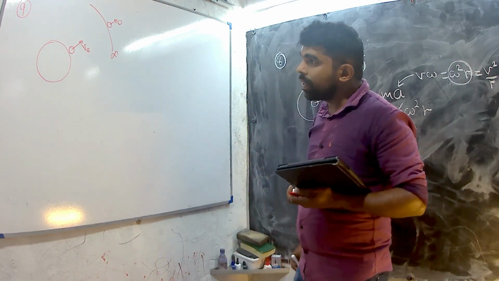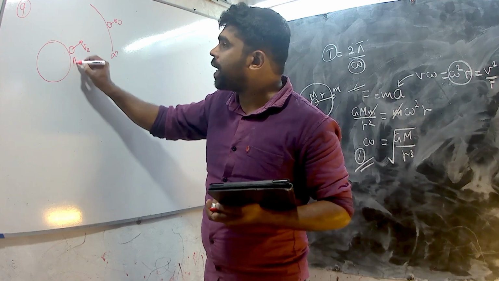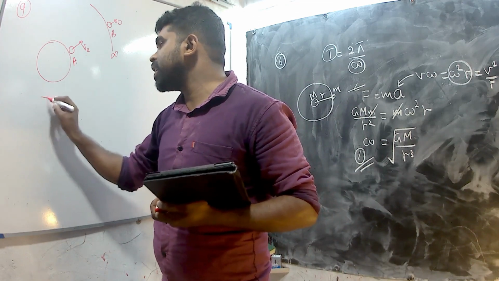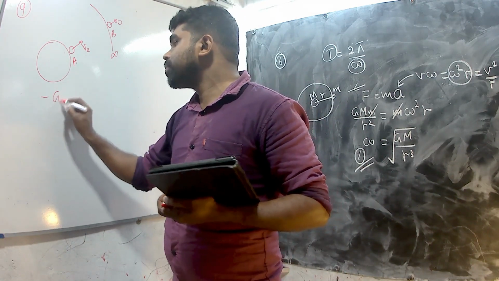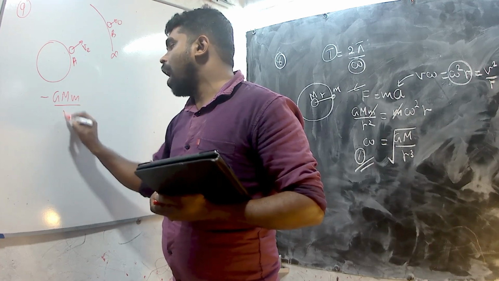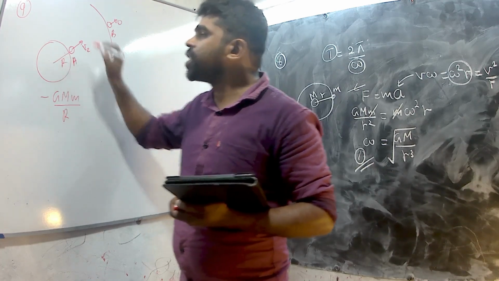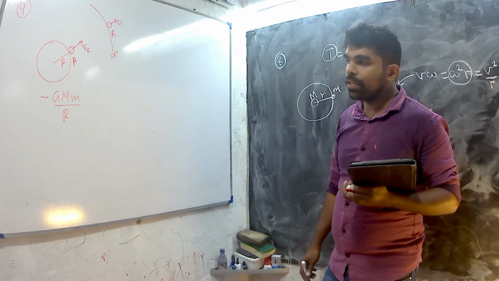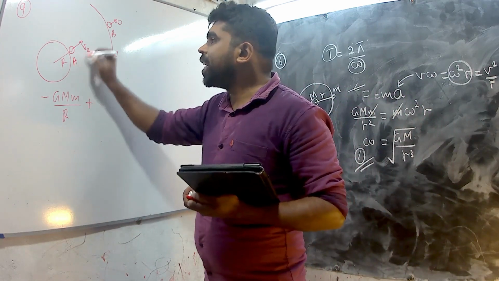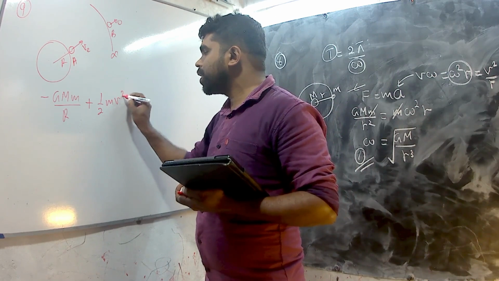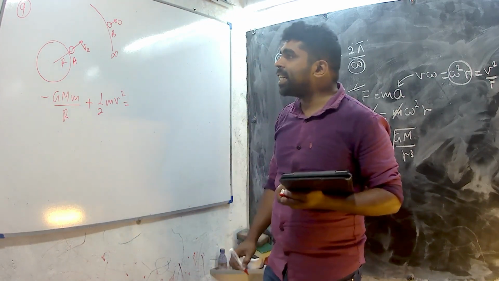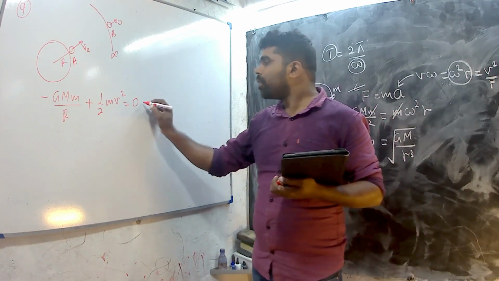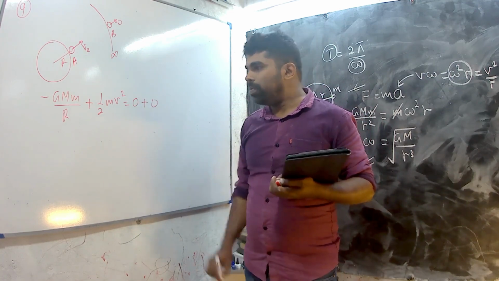Now we can use conservation of energy between this point A and point B. We know that the gravitational potential energy at A is minus GMm over R. R means the radius of Earth, the distance from the center of Earth to the surface. Plus kinetic energy half mv squared, it should equal the potential energy at B. We know that potential energy at infinity is 0, and kinetic energy at B is also 0.